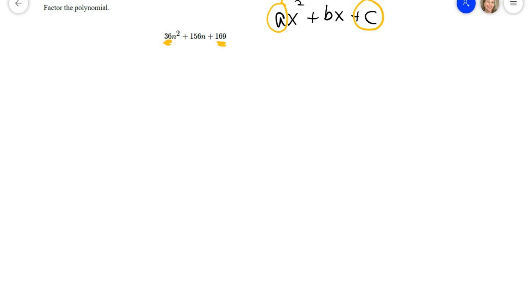Your 36 comes from 6 times 6, and your 169 comes from 13 times 13. The big question is, are you going to get 156 for outsides and insides? When you multiply your outsides, 6 times 13, that is 78.